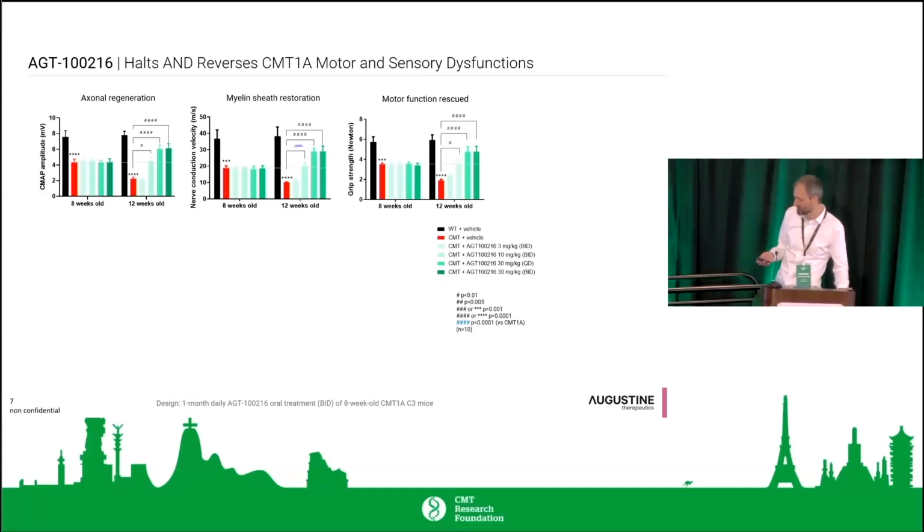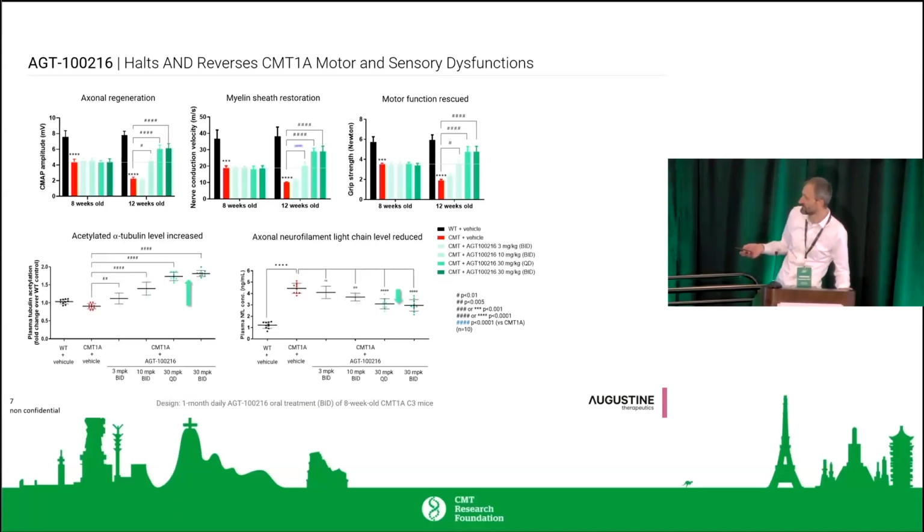So it seems that we are in the efficacious range with these doses. Again, we show here effects on the CMAP, but also nerve conduction velocity and on motor function. So in all three, we see significant reversal, rescue of the symptoms.